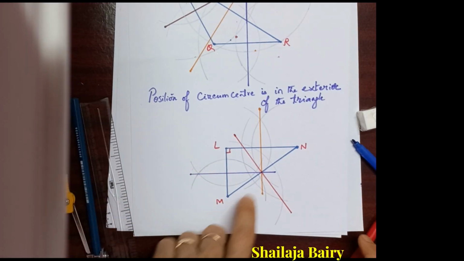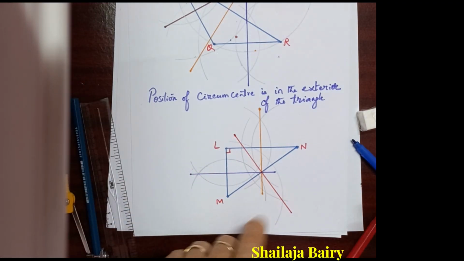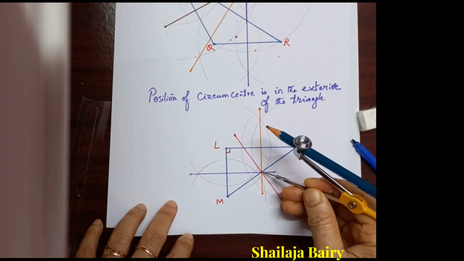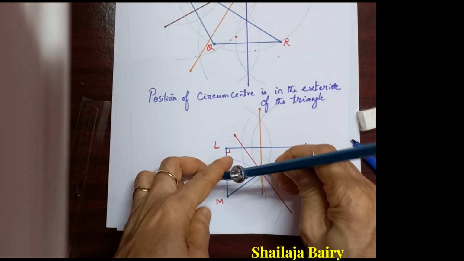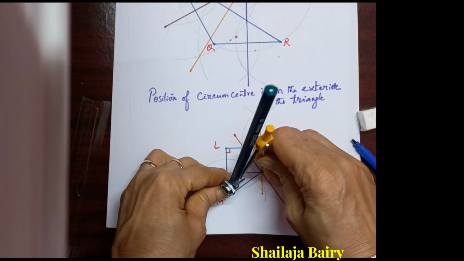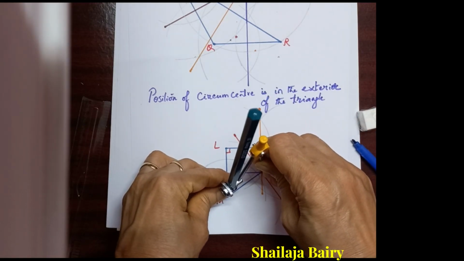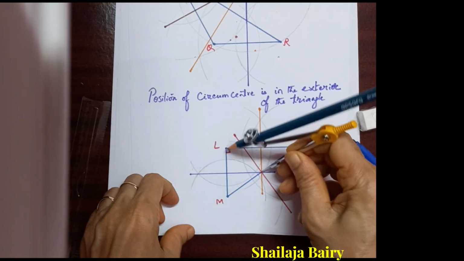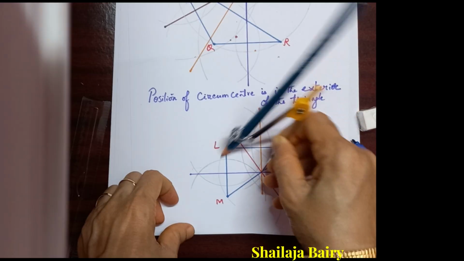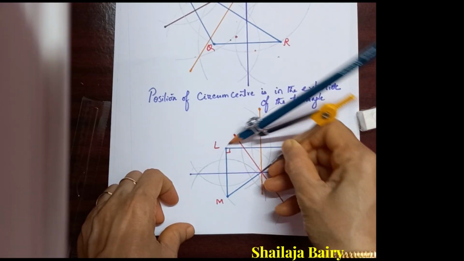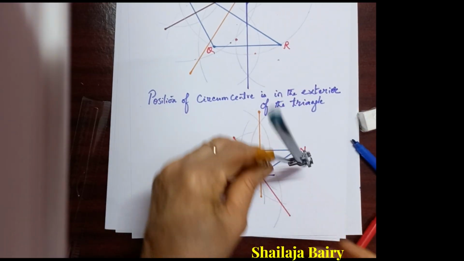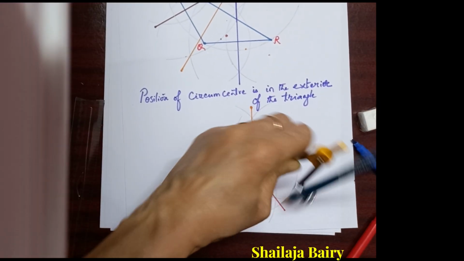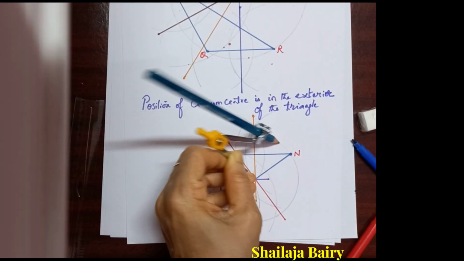So we can see here all three bisectors are meeting at the midpoint of MN. So M, N and L are each equidistant from the circumcenter O. You need to mark this circumcenter O, and the hypotenuse midpoint is the circumcenter.